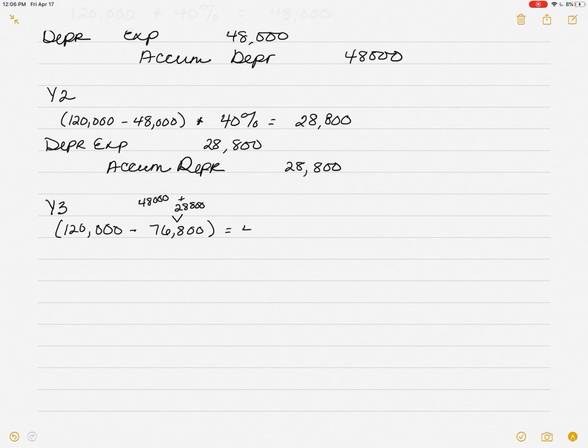I'm going to figure out that that equals $43,200, and I'm going to multiply that by my depreciation rate. And that's going to give me $17,280. And then I can record the journal entry.